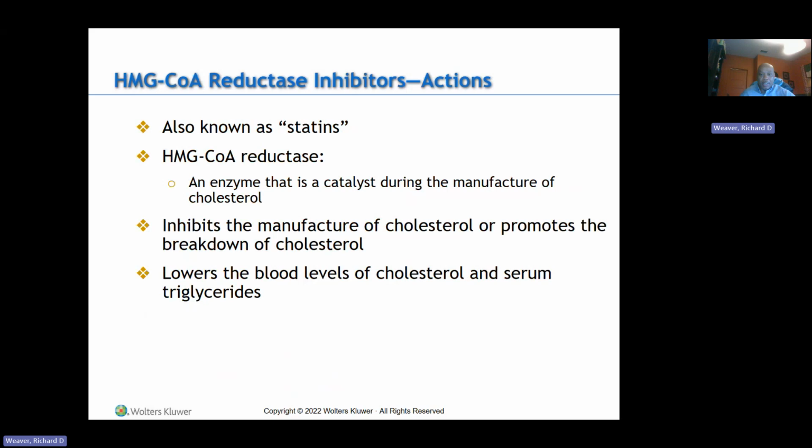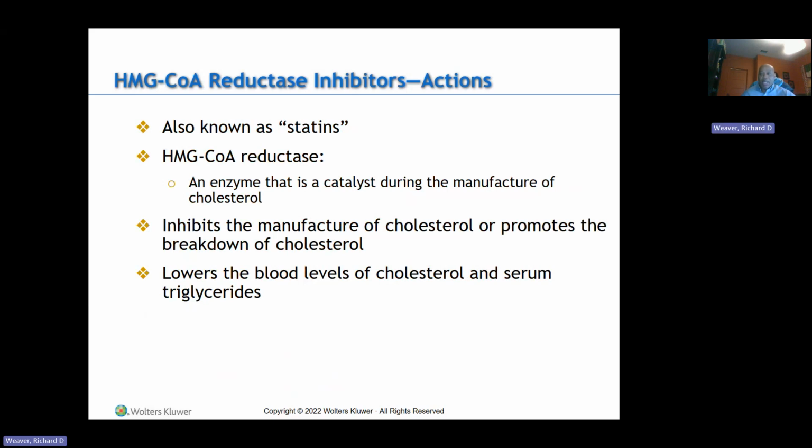but it doesn't get used up itself. In other words, the enzyme itself remains the same, but it just keeps the process going in terms of making cholesterol. Right. Now, statin drugs work by turning off or slowing down this machine, this HMG CoA reductase. The statin drugs either turn it off or slow it down.